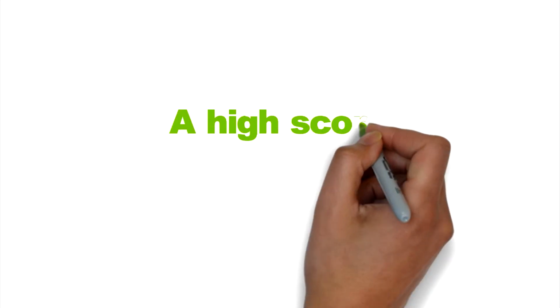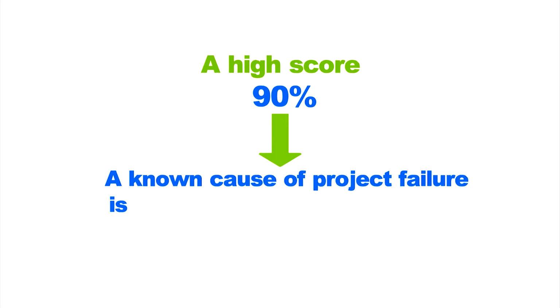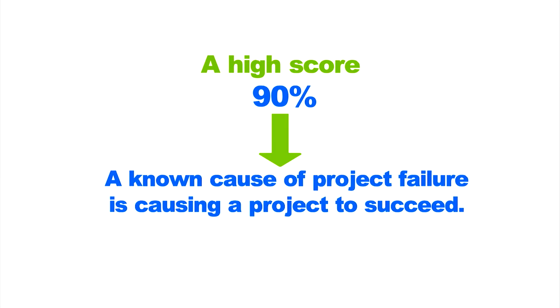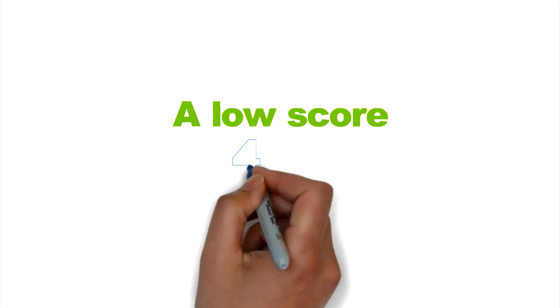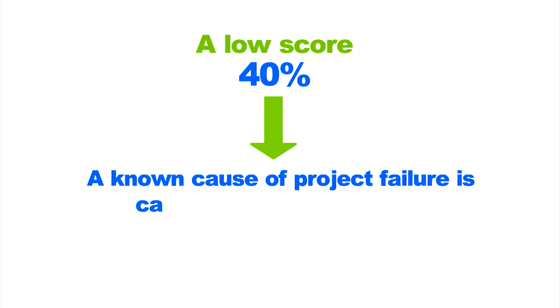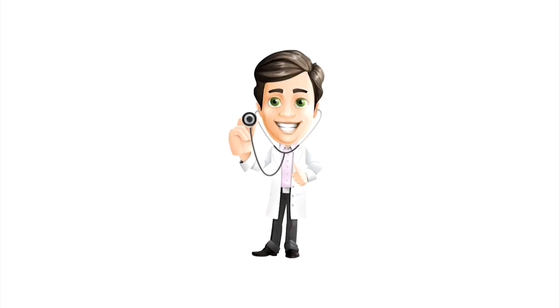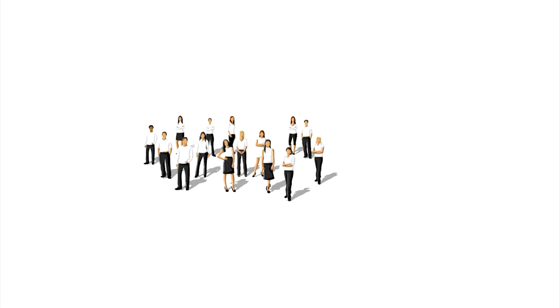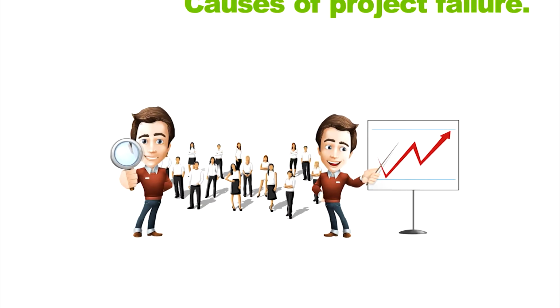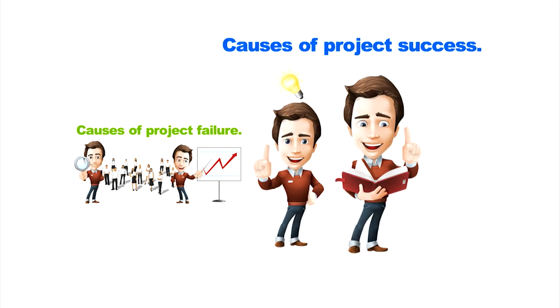A high score, such as 90%, indicates that a known cause of project failure is causing a project to succeed. Conversely, a low score, such as 40%, indicates that the known cause of project failure is causing the project to fail. This is like measuring a patient's vital signs. It enables the project team to identify and improve the causes of project failure and also identify and learn from the causes of project success.